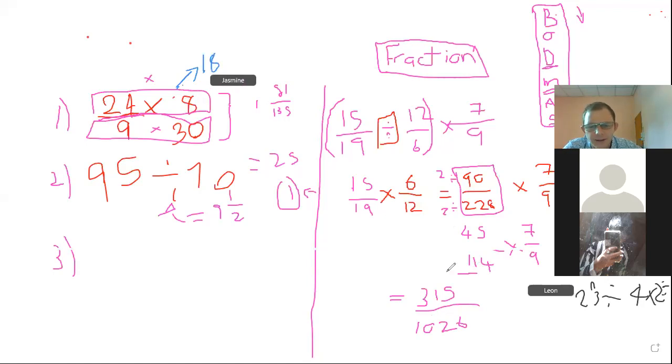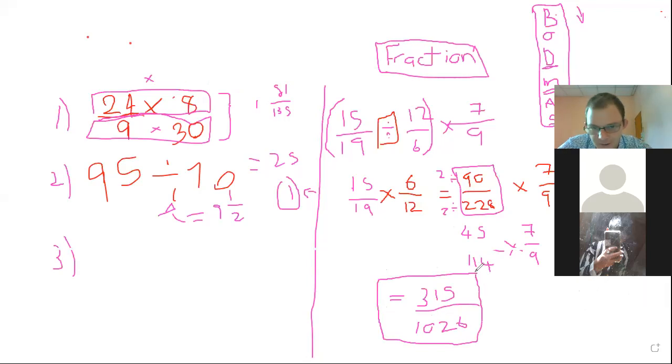Now the one thing, these are big numbers. You will not get numbers this big in your tests when we work with fractions, because I want us to be able to simplify them and understand what we do. So if we simplify them properly, we'll get our marks. But if the numbers are too big, it takes a long time to simplify.